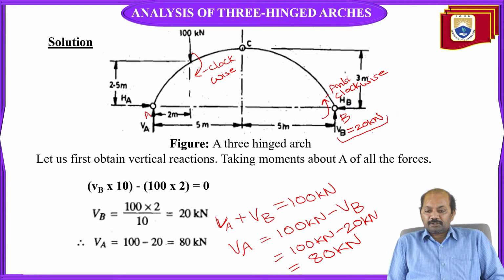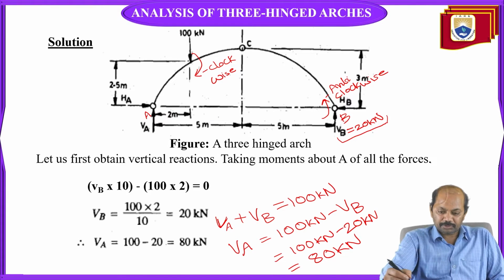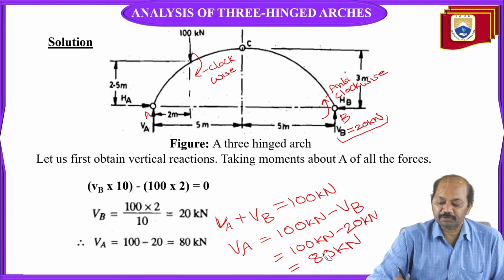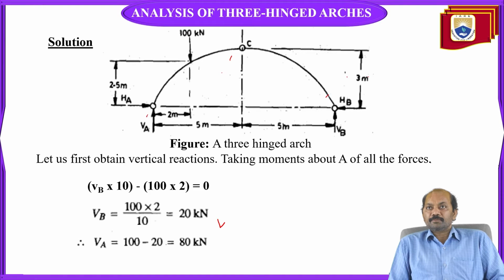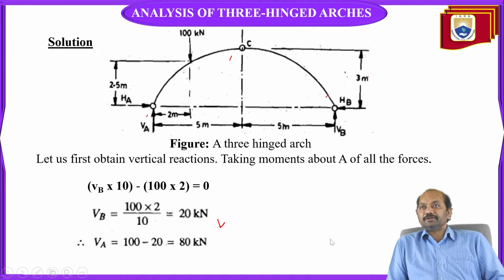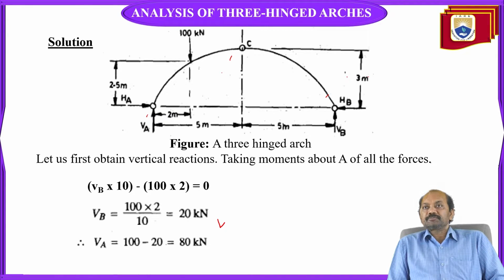Okay, now we'll move to the next slide. Previously we calculated VA and VB. Now let us calculate the horizontal reactions HA and HB.